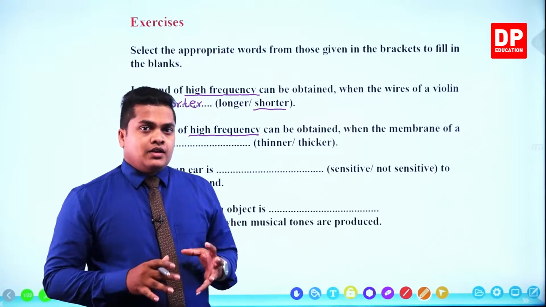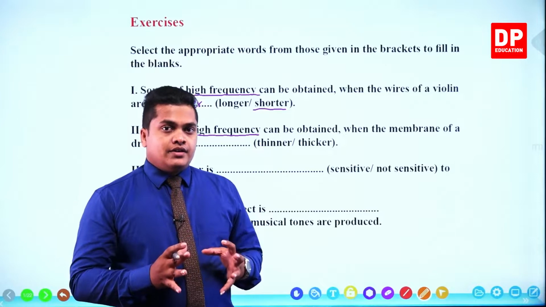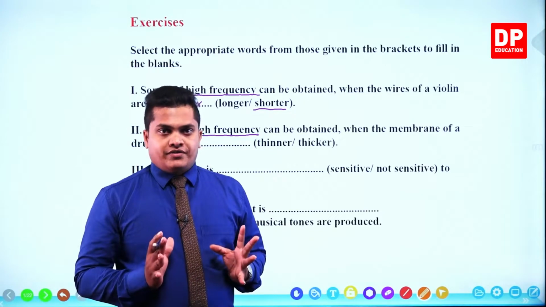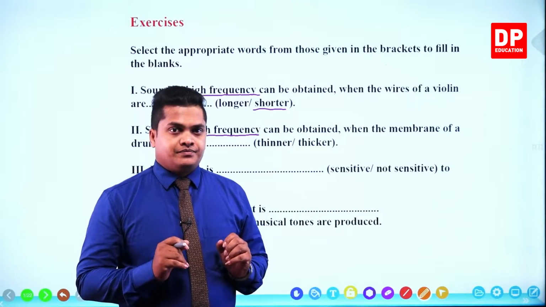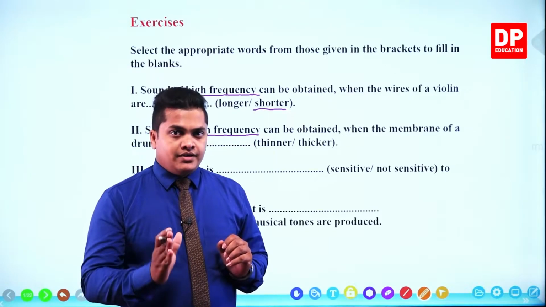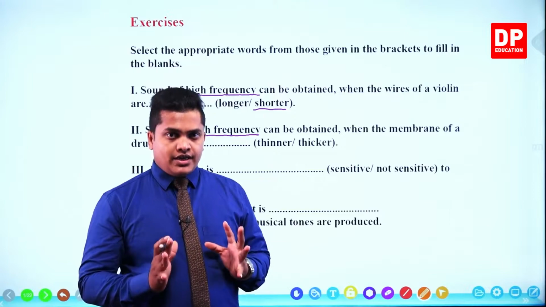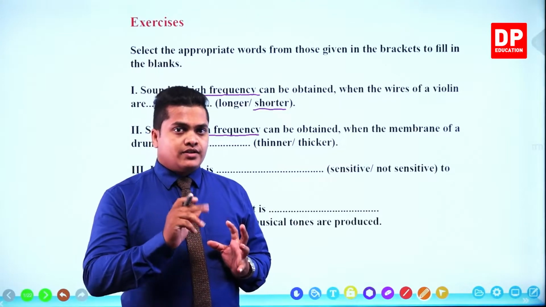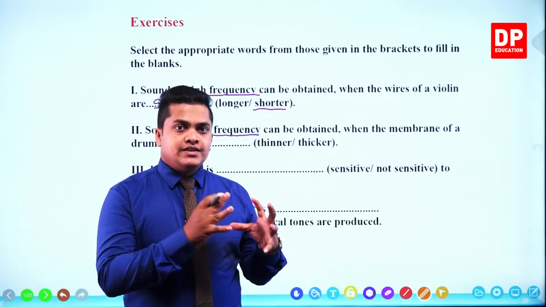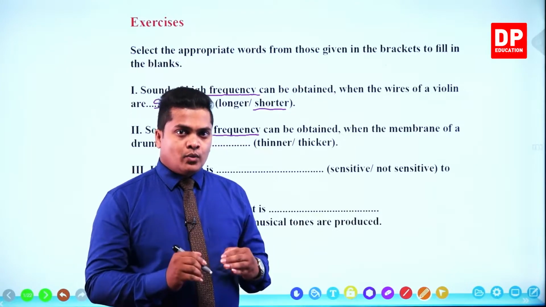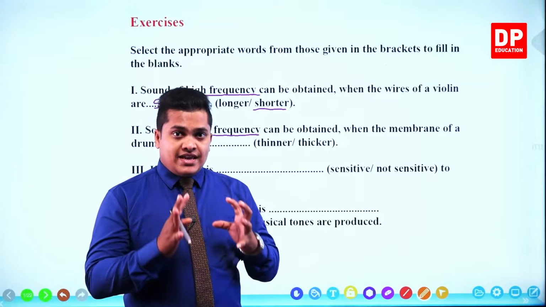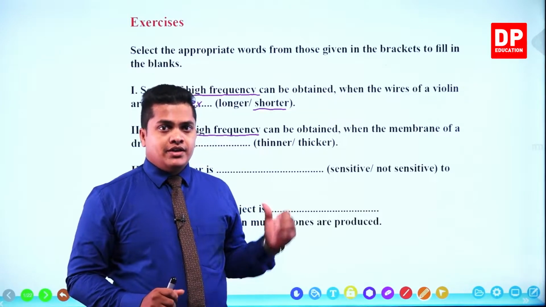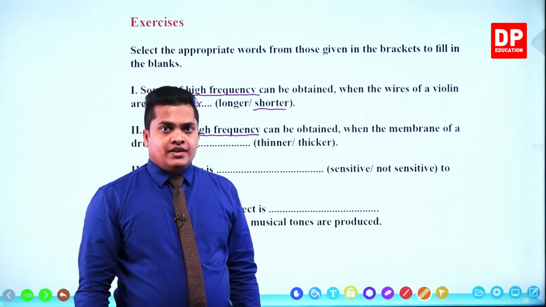Here the tension is not given, my dear children. But we studied that if you take a guitar, when increasing the thickness, the frequency of vibration decreases. The same principle can be applied here as well.